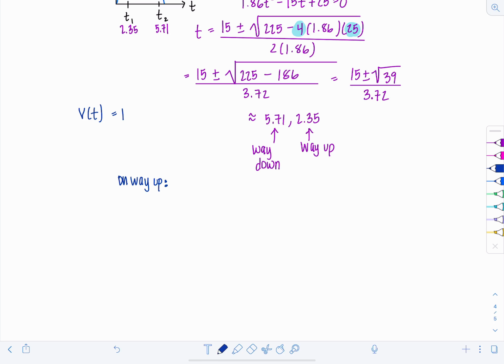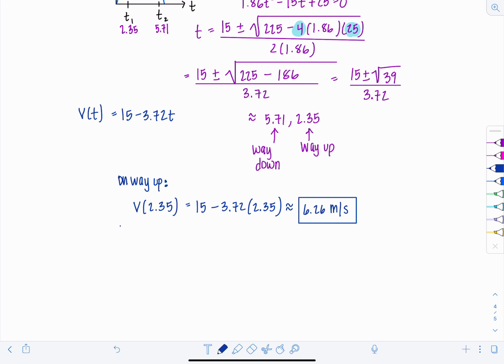Velocity was 15 minus 3.72 t. So on the way up, you just need v of 2.35. So that's 15 minus 3.72 times 2.35. So you should get approximately 6.26 meters per second.